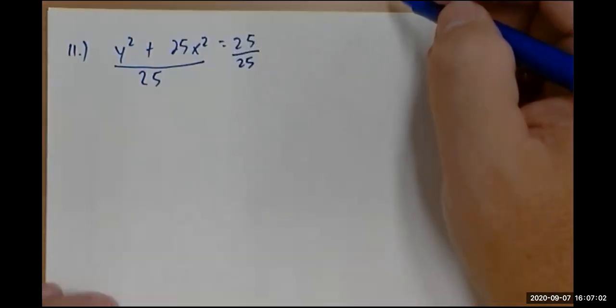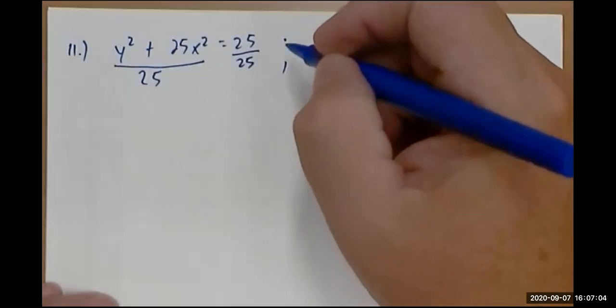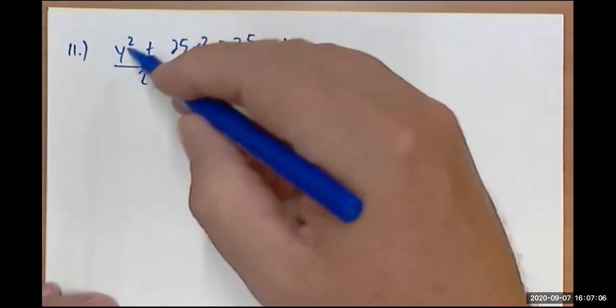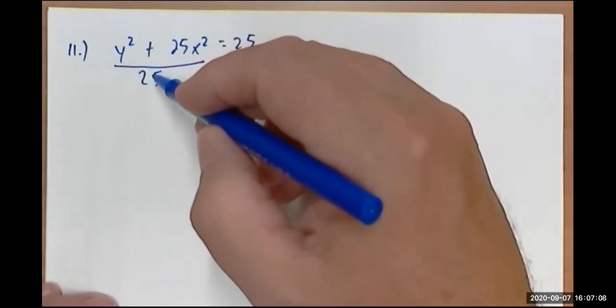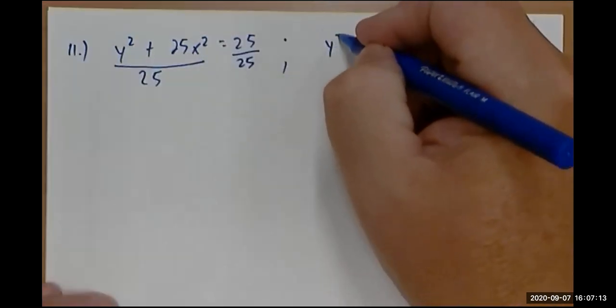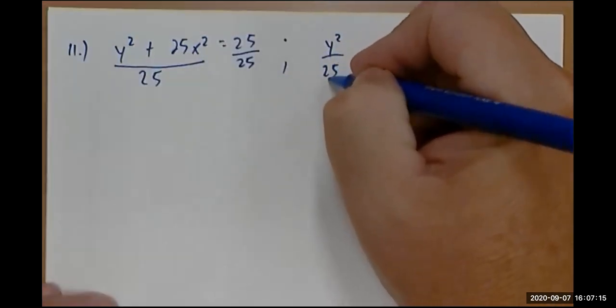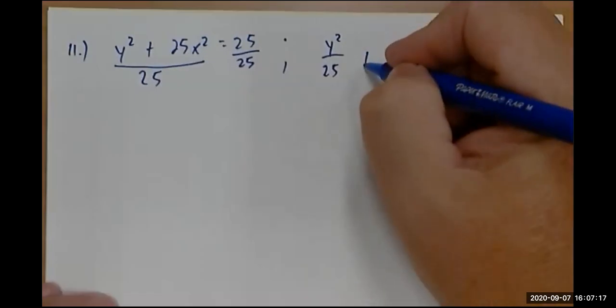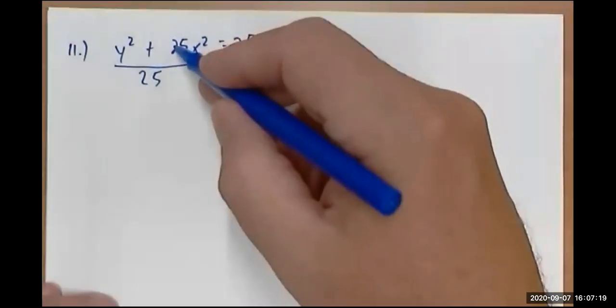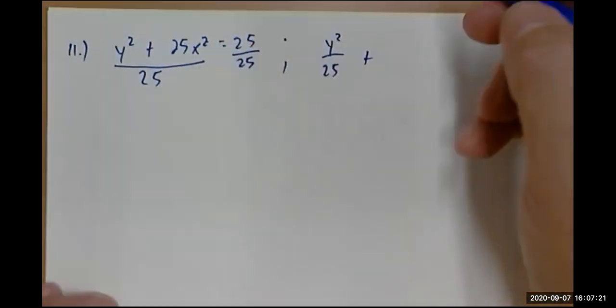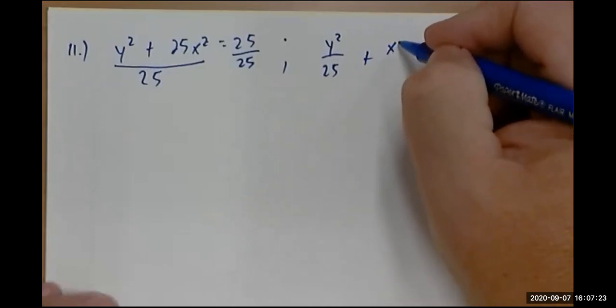Of course, if I divide this side by 25, I have to divide the other side by 25. Now, hopefully you remember when you have two terms in the top and you're dividing by a number, you can actually break this up. So it becomes y squared over 25 plus 25x squared over 25, which is just going to be 1.